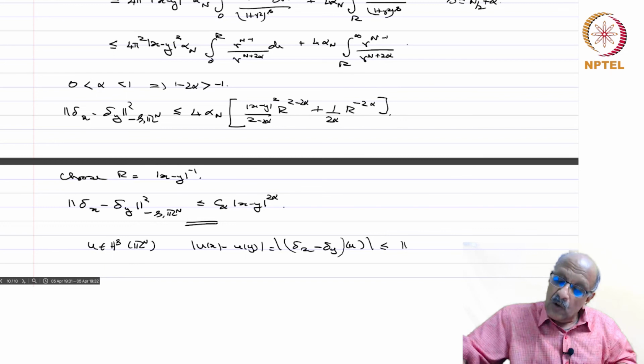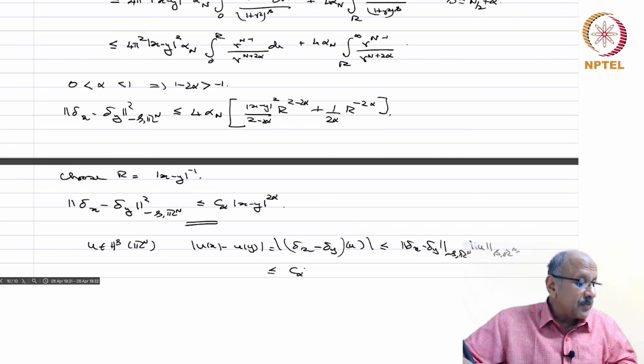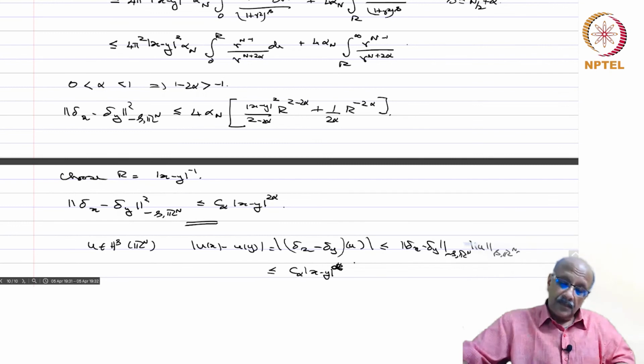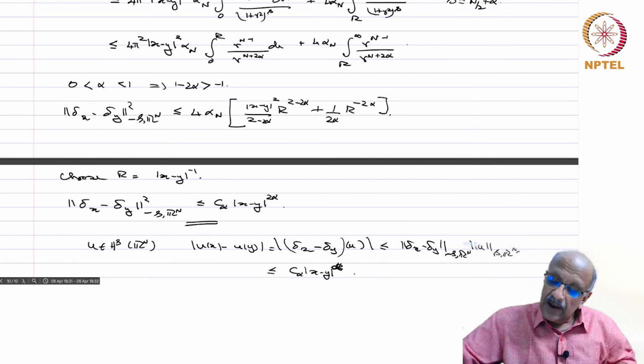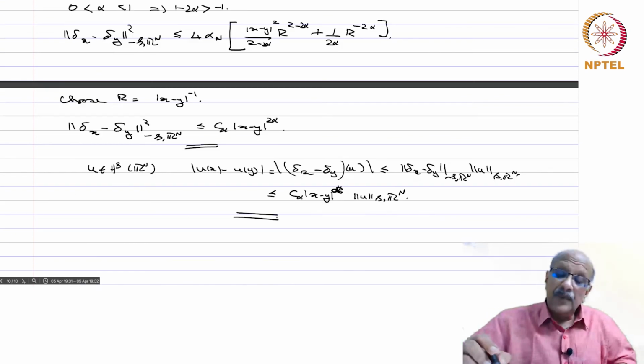So this is equal to the norm of delta x minus delta y in H to the minus s of R^n times the norm of u in H^s of R^n, and therefore that is less than or equal to c alpha times mod x minus y to the alpha times the norm of u in H^s. With this we complete the exercises for this chapter, and this chapter also. Next time we will take up weak solutions of elliptic boundary value problems.